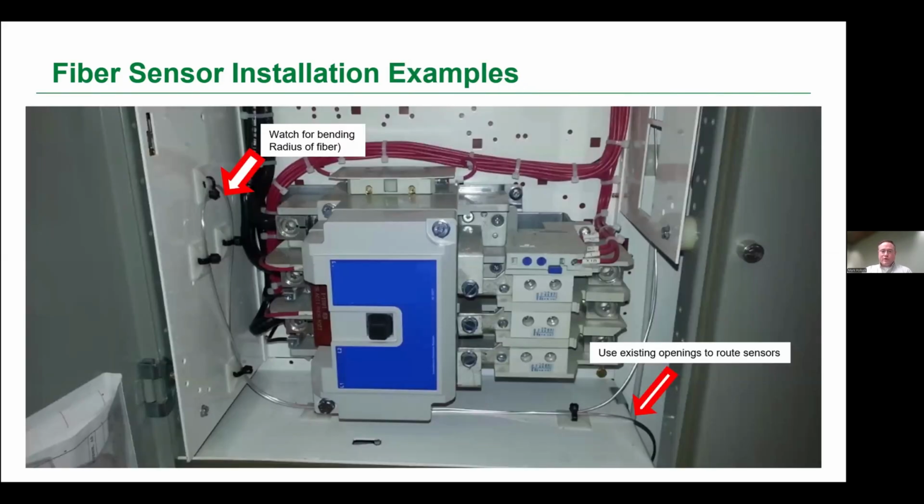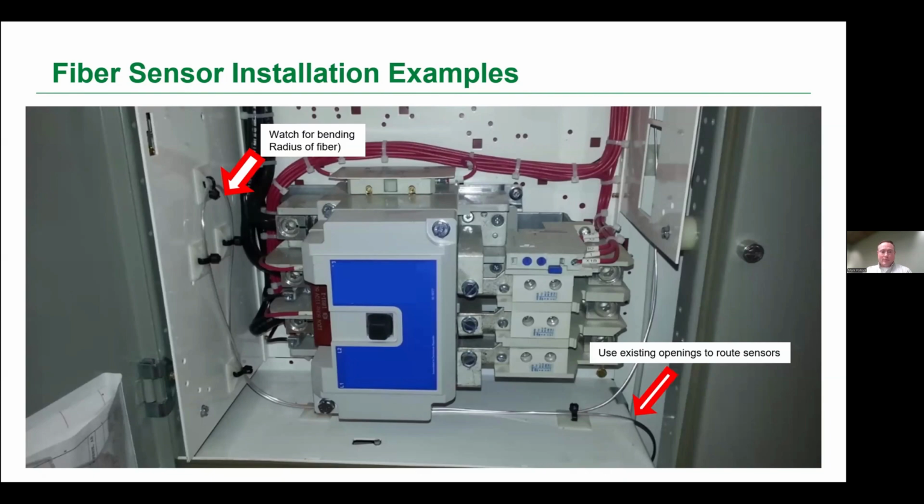And just to show one more example on that, I mentioned earlier that the fiber is also able to be routed through cabinets that have a lot of pieces of equipment inside. This is showing how, inside where you have a breaker, you're able to take that fiber and look at the line side terminals, the load side terminals, and bring it through various parts of this central distribution panel so that you can cover quite a bit of space with even one sensor.